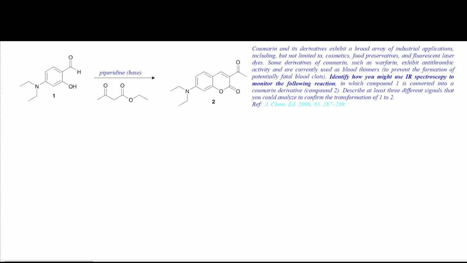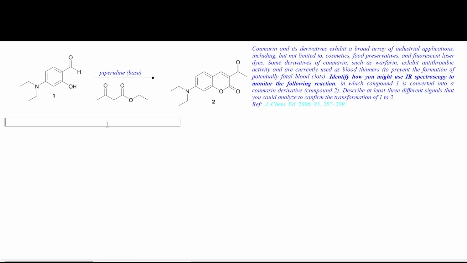Let's first understand how exactly this reaction is happening and what changes are happening there. Compound 1 contains a phenolic OH group, an aldehyde, the benzene ring of course, and the tertiary amino group or aniline group as well. In compound 2, as a product, you have a cyclic ester, a conjugated ester, so to say, a conjugated ketone, and the rest remains the same.